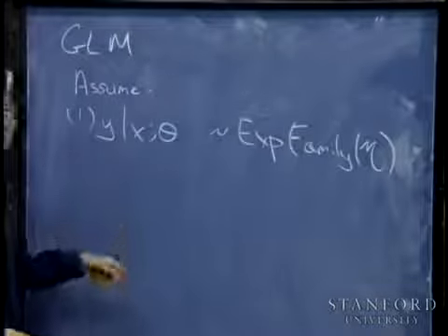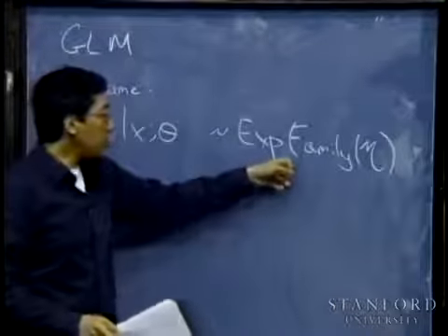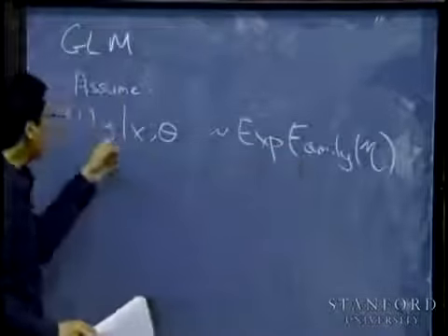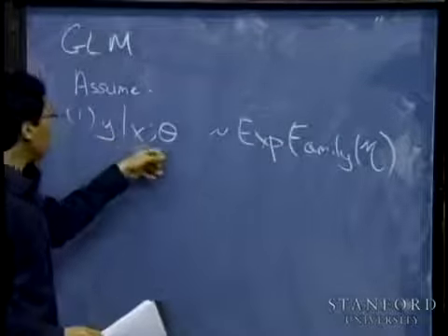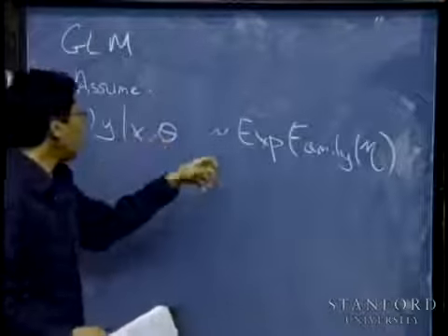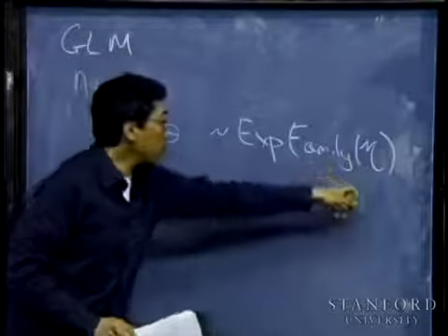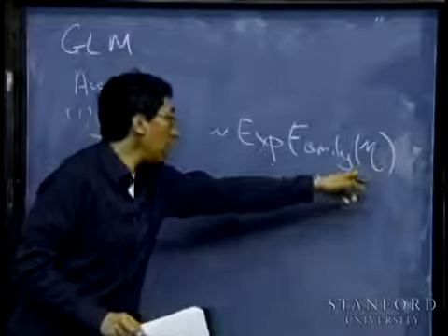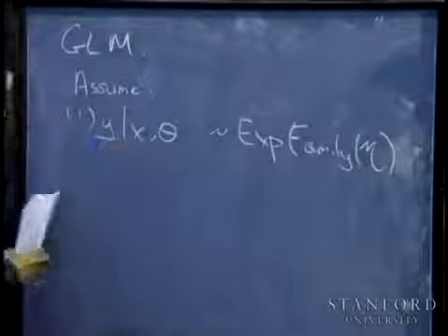Okay, and so this means that there is some specific choice of those functions a, b, and t, so that the conditional distribution of y given x and parameterized by theta is exponential family with parameter eta, where here eta may depend on x in some way.